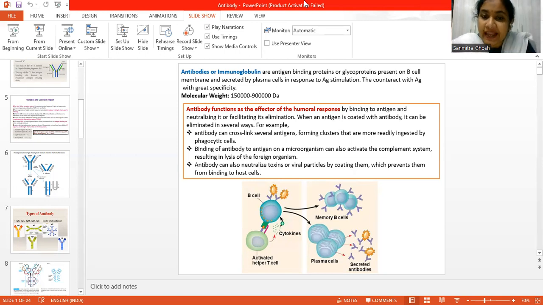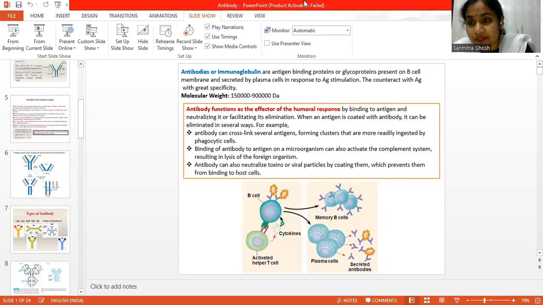Thirdly, the antibodies can also neutralize the toxins or the viral particles by coating them. Because of the coating of these viral particles or the toxin with the antibodies, their binding site becomes masked. And when their binding site becomes masked, these antigens fail to bind with the specific target site, a specific receptor, through which they would be internalized by the cell.